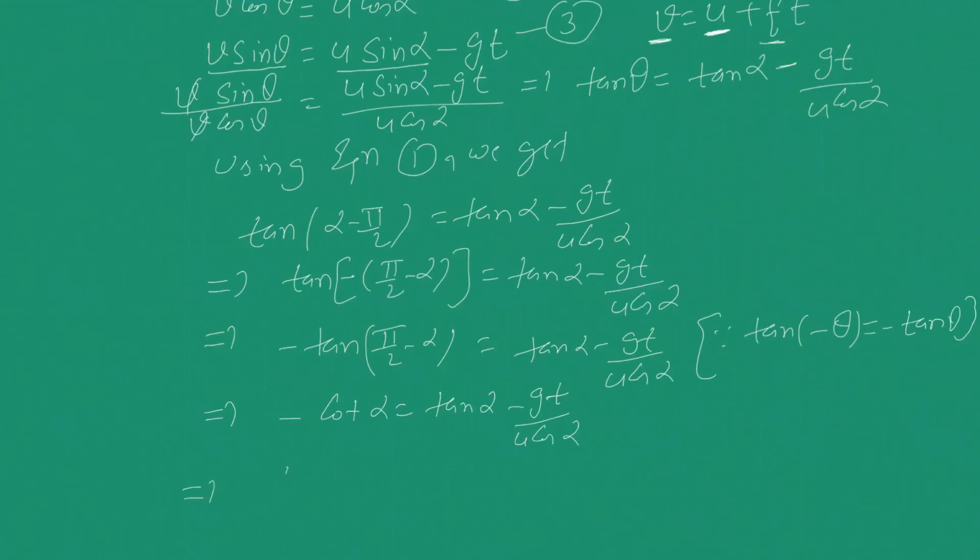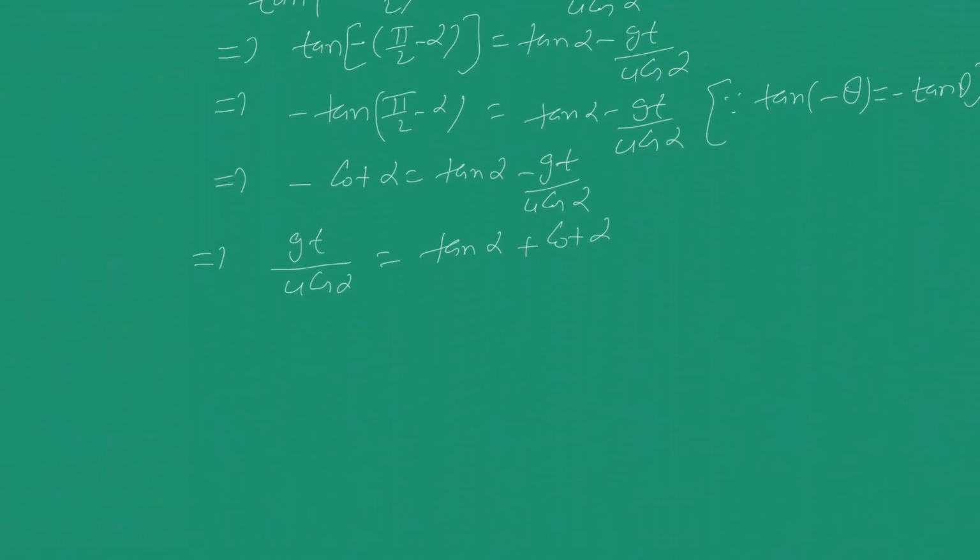This implies that gt by u cos alpha is equal to tan alpha plus cot alpha, which is further equal to sin alpha by cos alpha plus cos alpha by sin alpha.